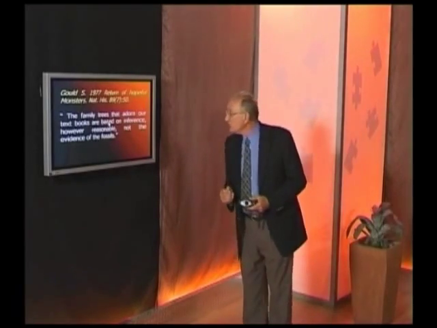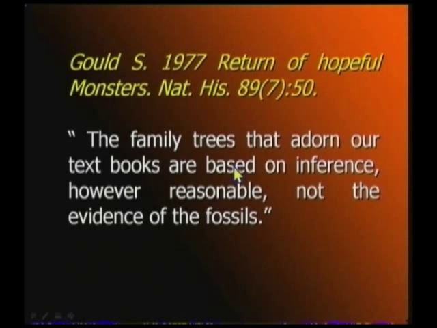Now, Gould also wrote this interesting statement, published in Natural History. He says, "The family trees that adorn our textbooks are based on inference, however reasonable, not the evidence of the fossils."